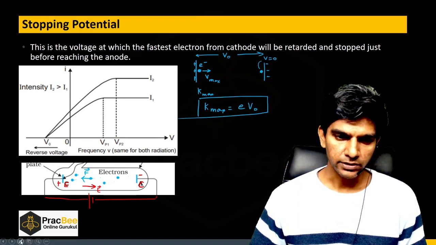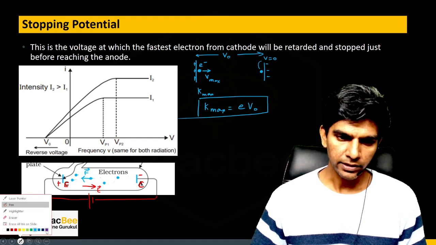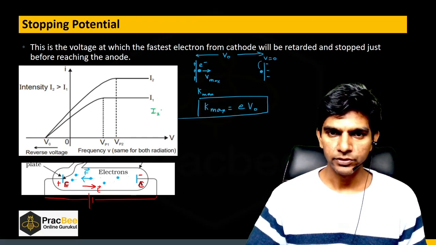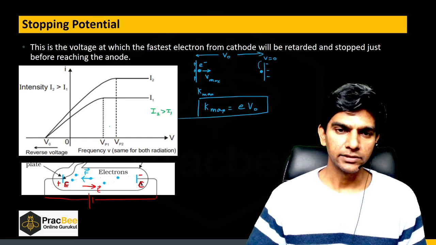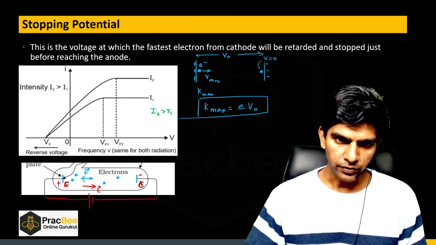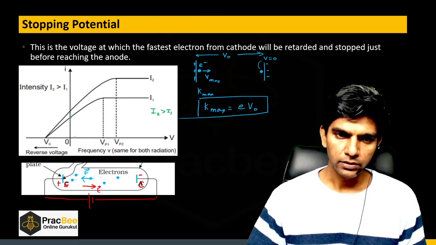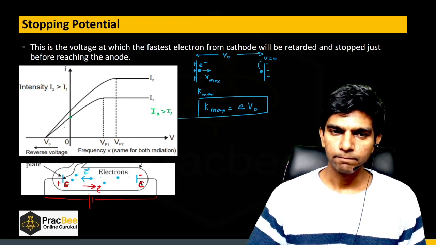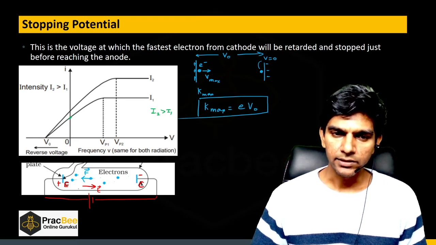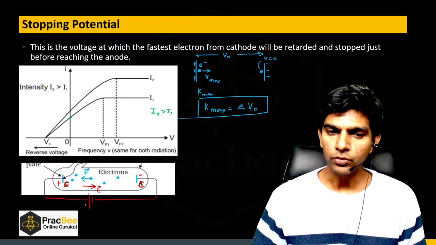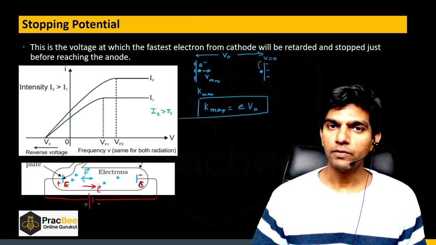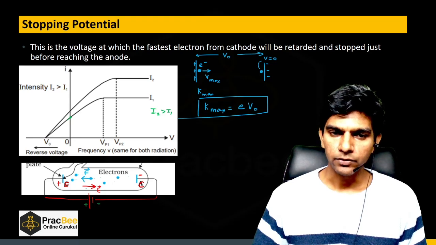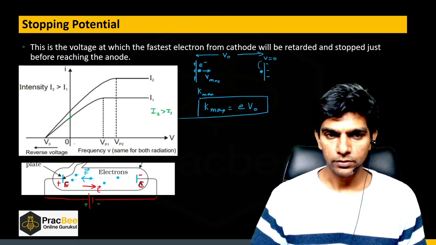So if I show this in the graph, let us consider I1 and I2, where I2 is greater than I1. These are the intensities. We have seen up to this particular mark when the potential is 0. Suppose now we have a reverse voltage. As we have more reverse voltage, the field will become stronger in the reverse direction and it will decelerate the electron even more.